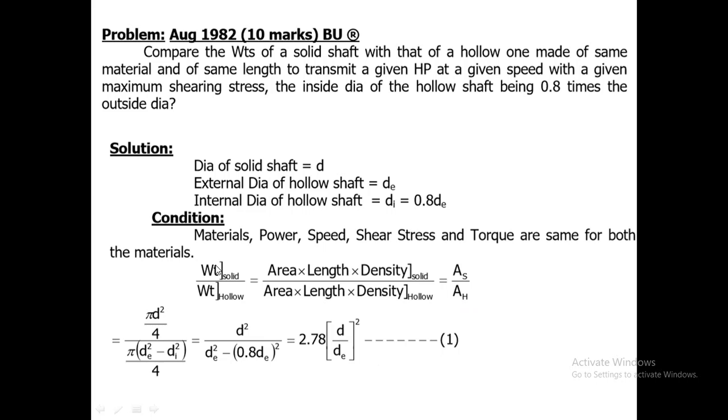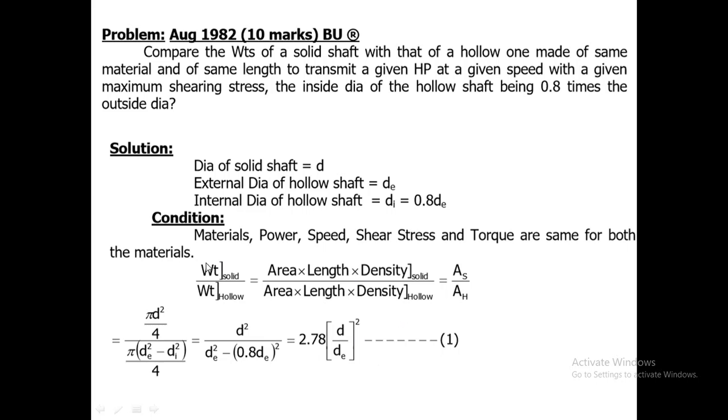So here we are expressing the weights of the solid and hollow shaft with respect to the areas of the corresponding shafts. It is directly proportional. You can see here the weight of the solid shaft is directly proportional to the area of the solid shaft, by simplifying this equation.